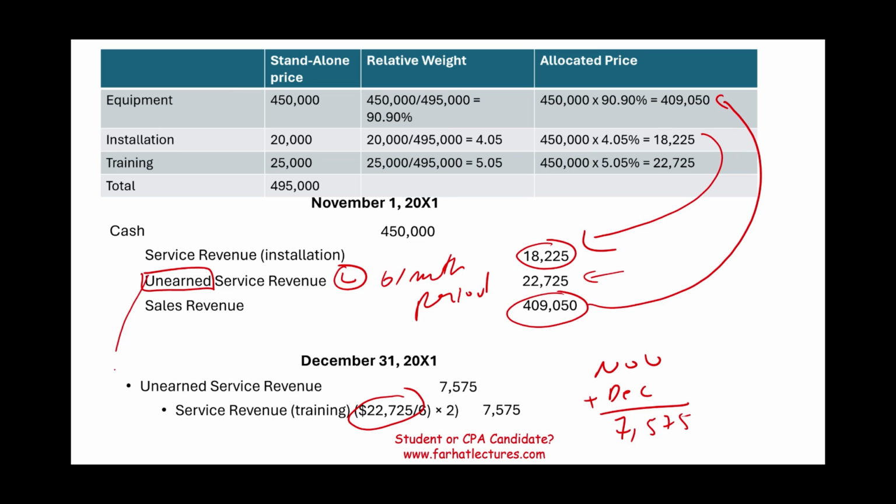So we debit unearned revenue, reduce this liability, and start to recognize the revenue. Now we're going to go through January, February, March, and April, and we earn the full $22,725 by April of 20x2.